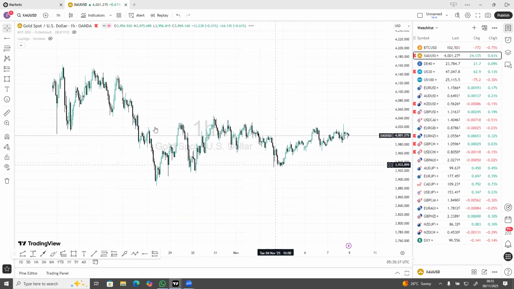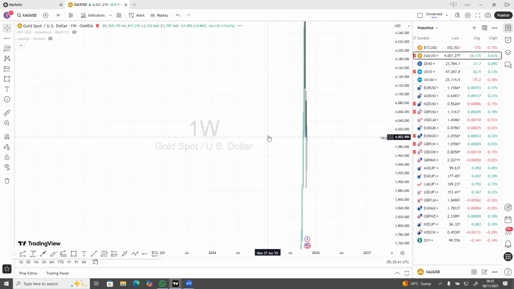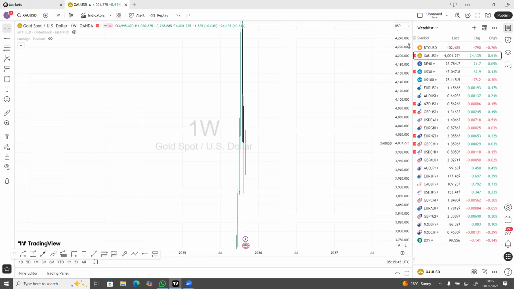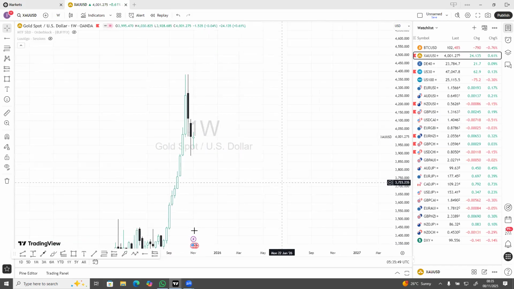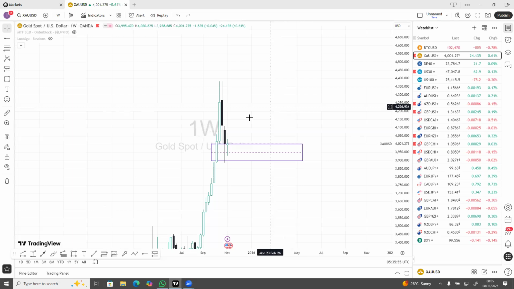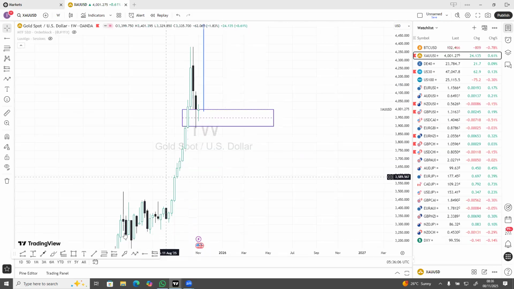Gold, on higher time frame, weekly. You can see price reacted on that imbalance, so we are expecting the price will continue pushing up from that particular imbalance.